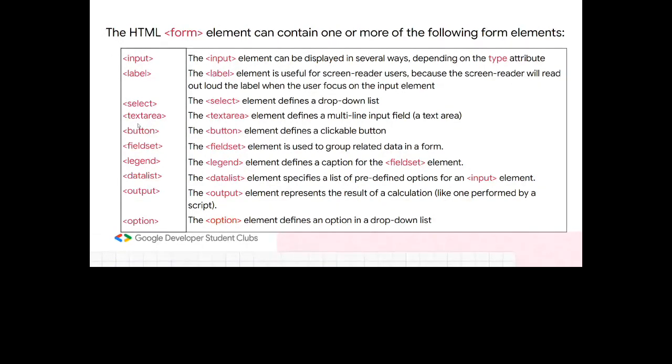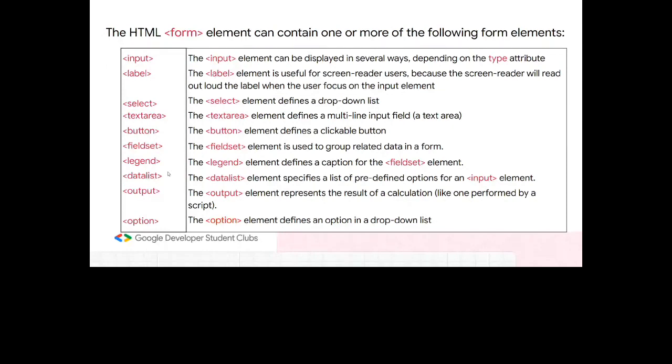And button, the name itself suggests it is used to submit. Not only submit, the button contains two types: we can even reset the options, we can submit the options. To do those things, we use the button tag. And then fieldset. Fieldset is not most commonly used, but it's something you might not know, as it is not commonly used.